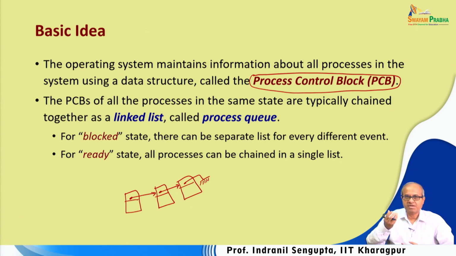So the idea is all the process control blocks of the processes that are in the same state are typically kept like this as a linked list, and this linked list is also sometimes referred to as a process queue. We shall see later that when we talk about process scheduling, CPU scheduling, dispatcher, the concept of this process queue will again come into the picture.